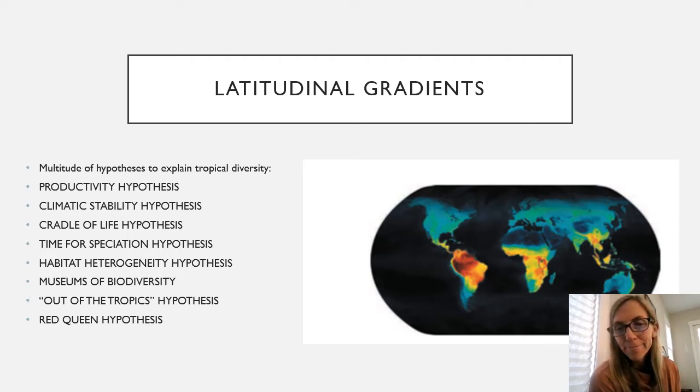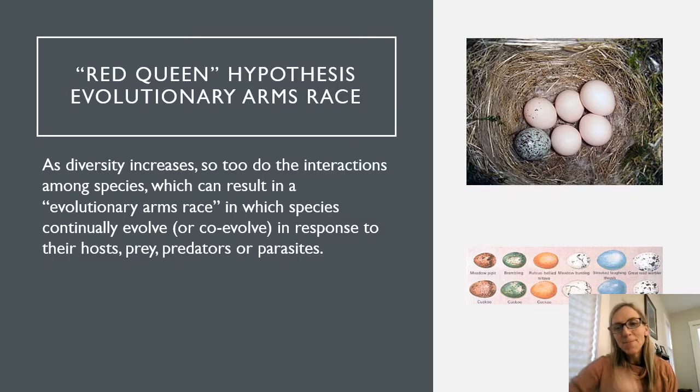A few of the other theories that the book talks about are the habitat heterogeneity hypothesis, museums of biodiversity, the out of the tropics hypothesis, and then the Red Queen hypothesis. I decided to pull out the Red Queen hypothesis because we've touched on brood parasitism before, and it's a great example of an evolutionary arms race between parasites, in this case brood parasites, and their hosts.